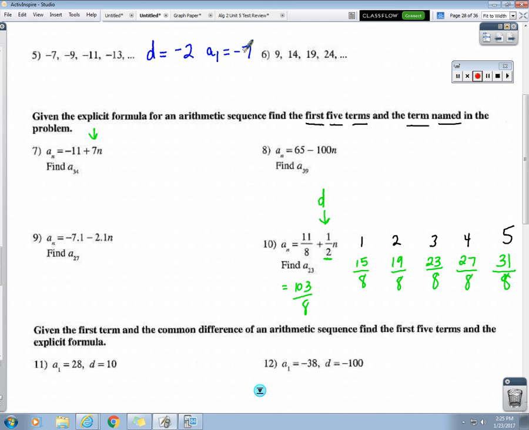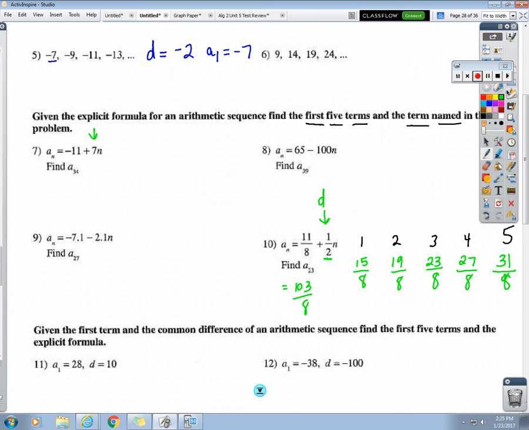Negative 7. Your first term is negative 7. So now that you know your d and your a sub 1, you have enough information to write your explicit formula. A sub n equals negative 2 times n minus 1 plus negative 7, which is just minus 7.